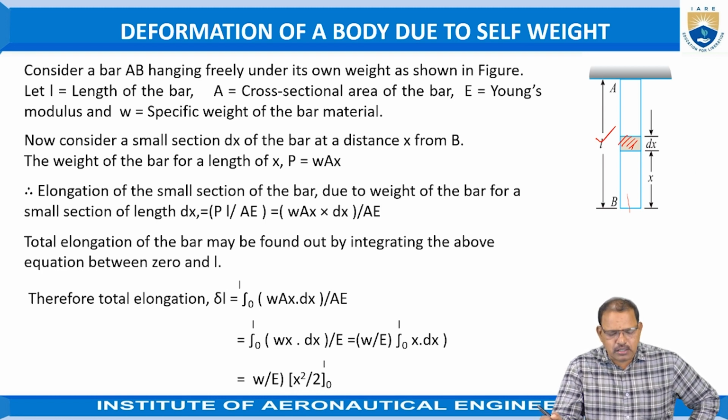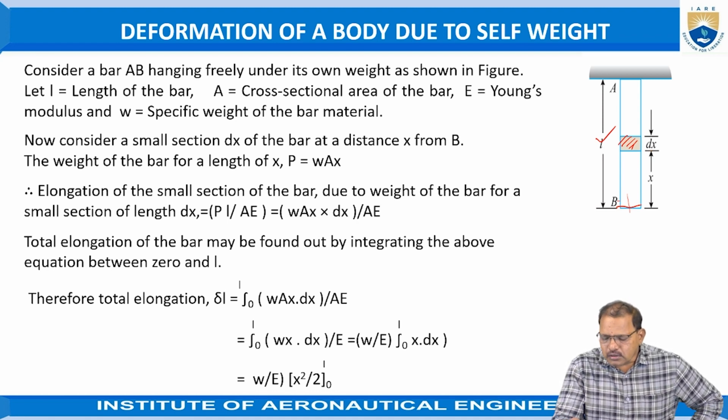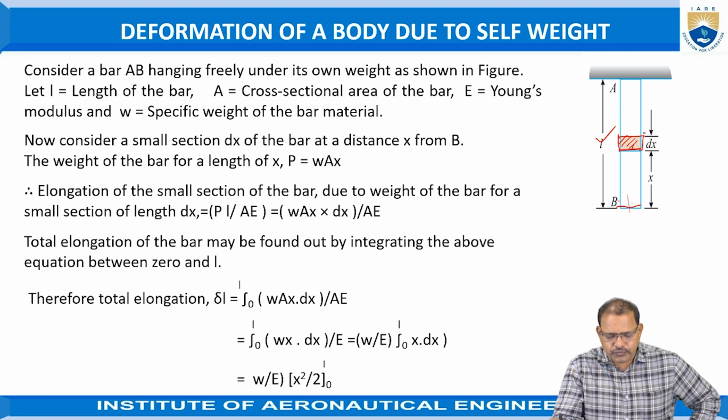Now consider a small element having length dx as shown in figure. It is at a distance of x from the free end, which is represented here by point B. The total load acting on this length dx is equal to w into A into x.